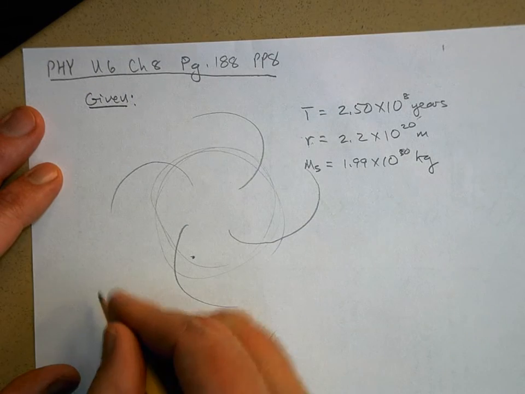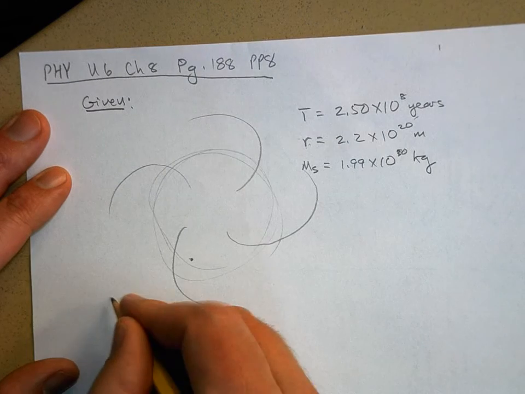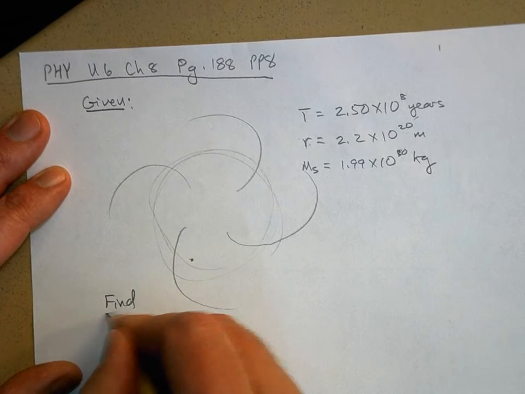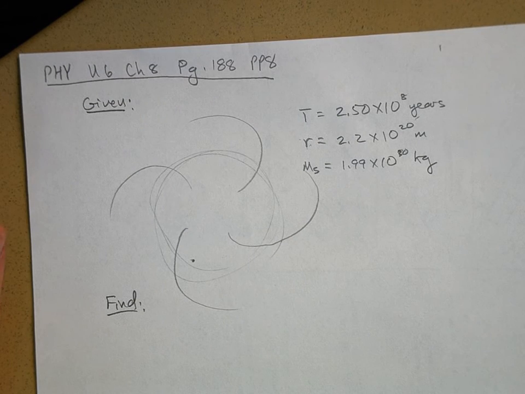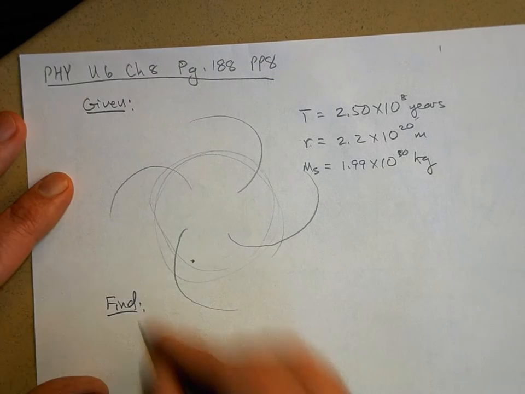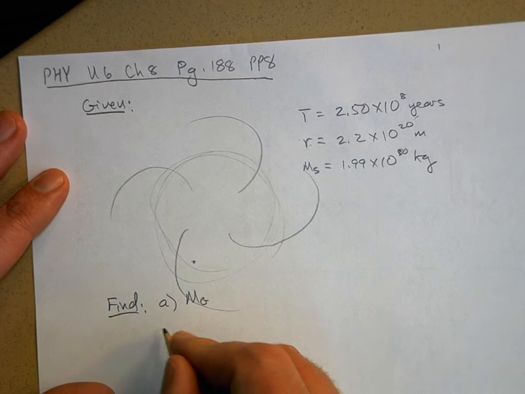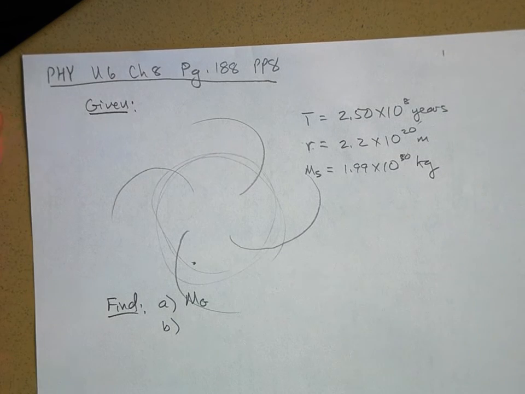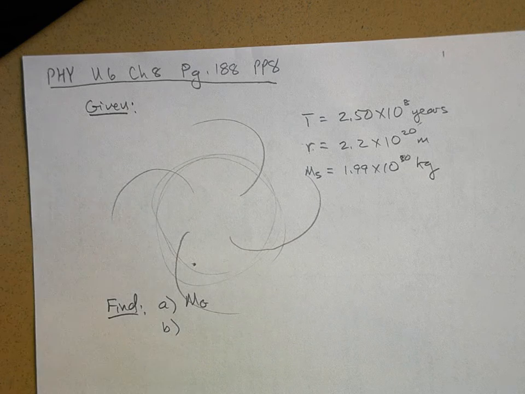All right, so what are we trying to find? I'll put the find over here. Ooh, I better hurry. We want to find the mass of the galaxy, M sub capital G. B, how many stars?